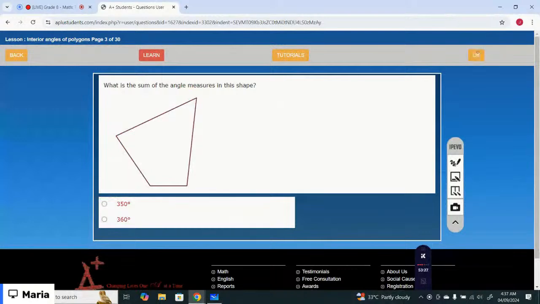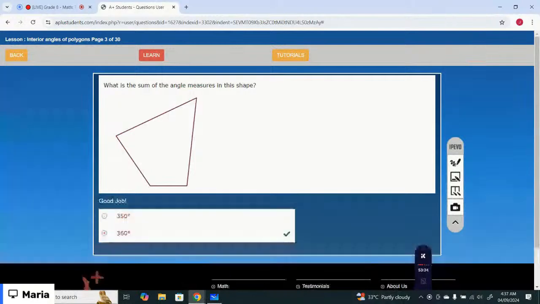Because in this shape you have two triangles, right? So 2 times 180 equals 360.